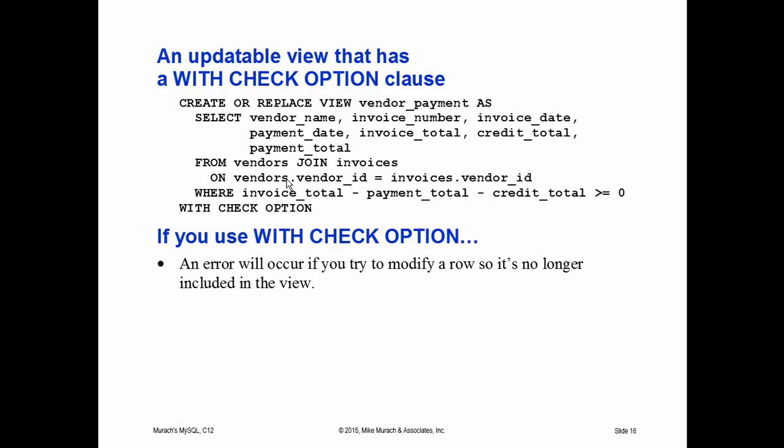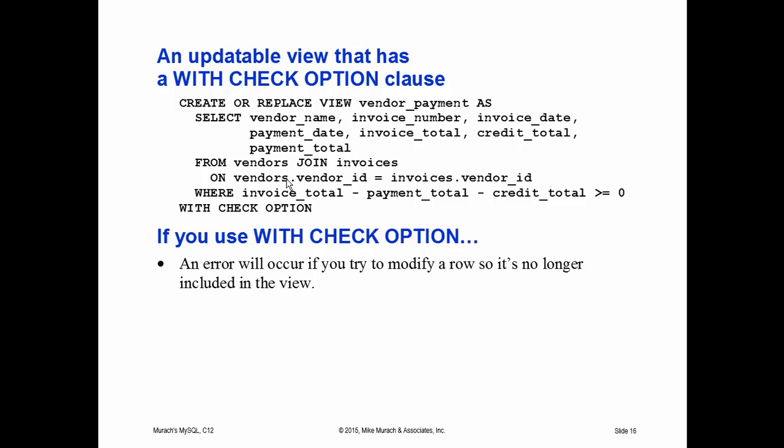All right. Next, you notice on here they talk about using the check option statement. And if you're following along in the book, I'm on around page 364. It says the following example shows an example of an updatable view that uses the with check option clause.